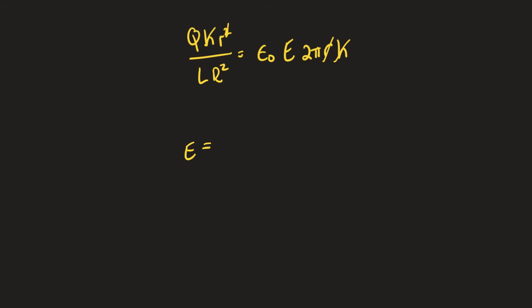I'm going to have QR in the numerator and a whole bunch of garbage here in the denominator. 2 pi epsilon naught, I like to collect those out front. And then L R squared. Questions at this point?